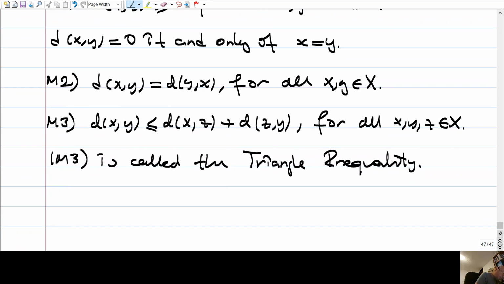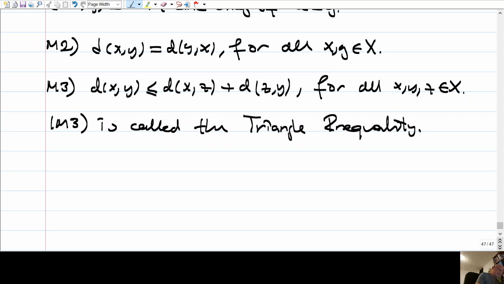Why? It's very simple. What I'm going to draw is not a real picture. It is just a symbolic picture. So we have, let's say, the point x, point y, and point z.